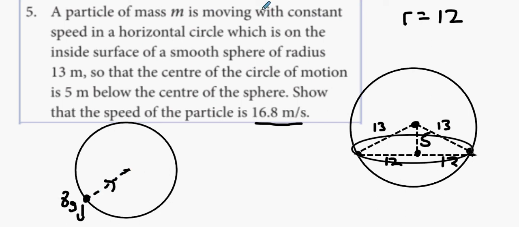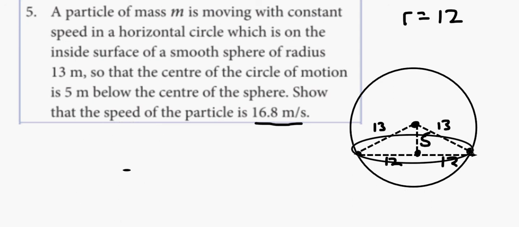And because it's perpendicular to a tangent point, it has to go through the centre of the circle. So your R value always aims back towards the centre of the circle. So here's our particle, and there's our R value.